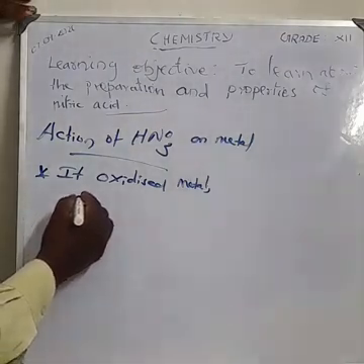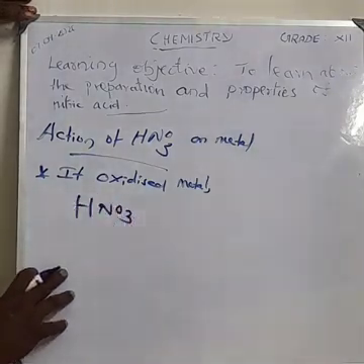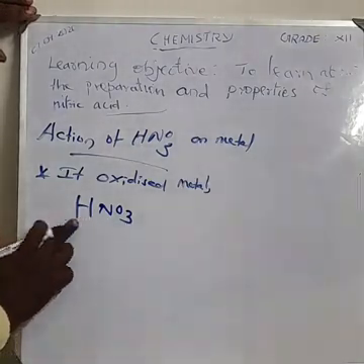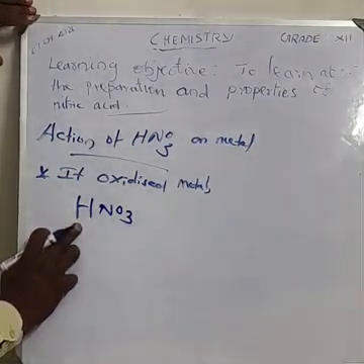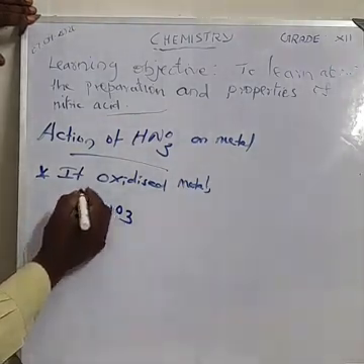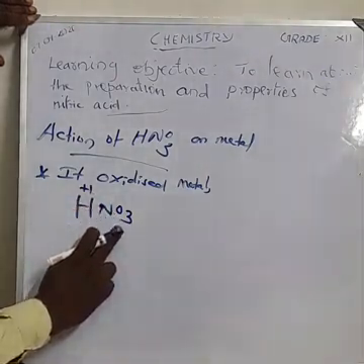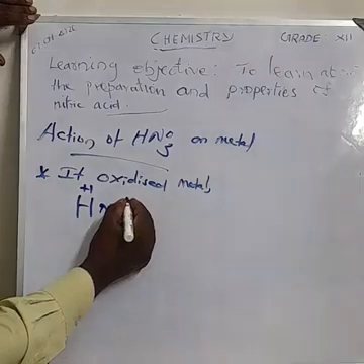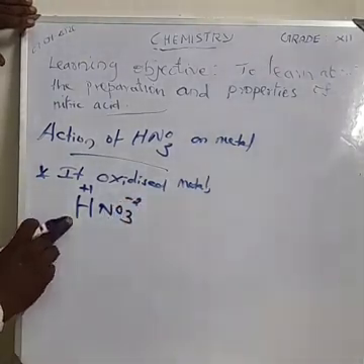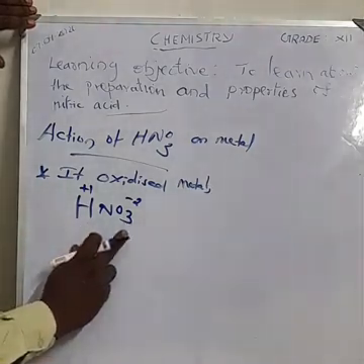For example, the nitric acid formula is HNO3. The element you don't know is taken as X. Hydrogen is an electropositive element, so it always has a +1 charge. And oxygen always has a charge of -2.